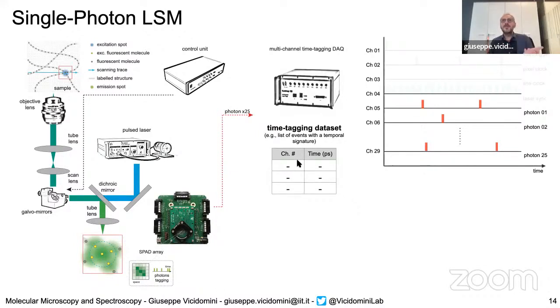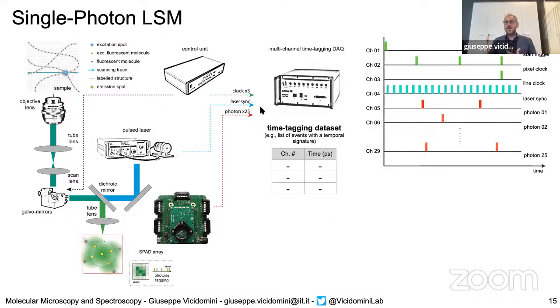So during my imaging, for each photon I tag this photon with a temporal stamp with respect to a reference signal, let's say from the beginning of my measurement. But I need to do much more, because I also need to record other events, not only the photon events, but also, for example, the reference signals from the control unit of the microscope.